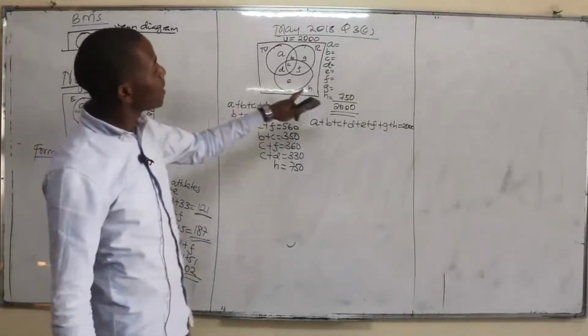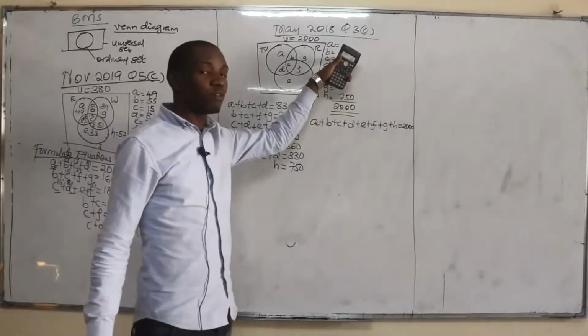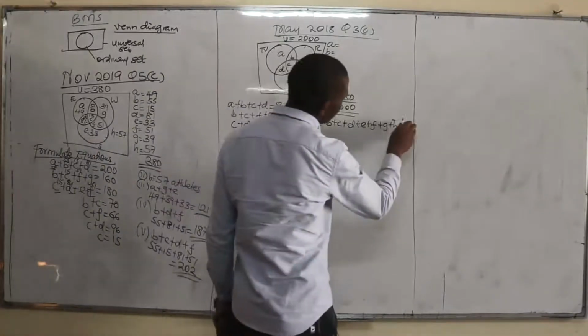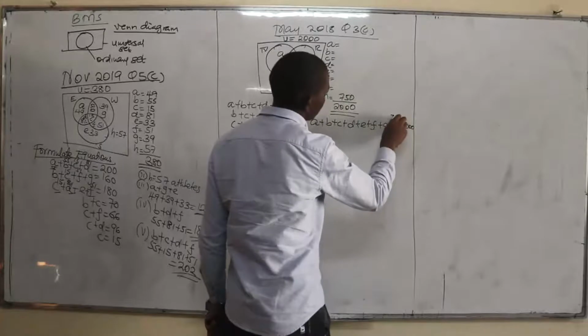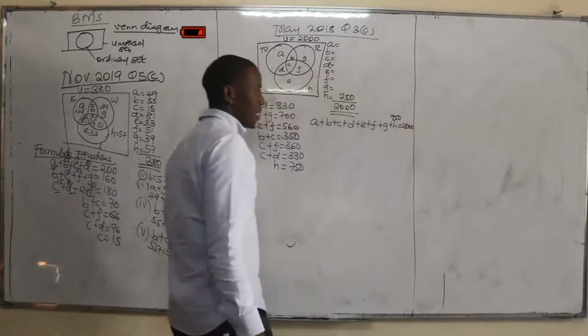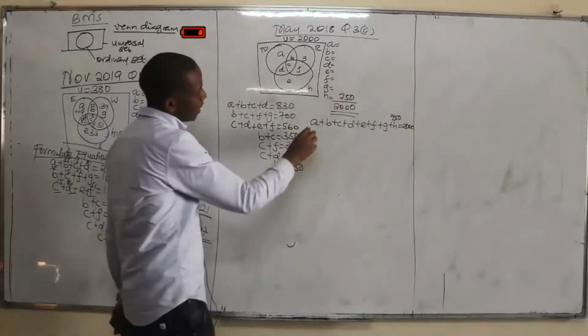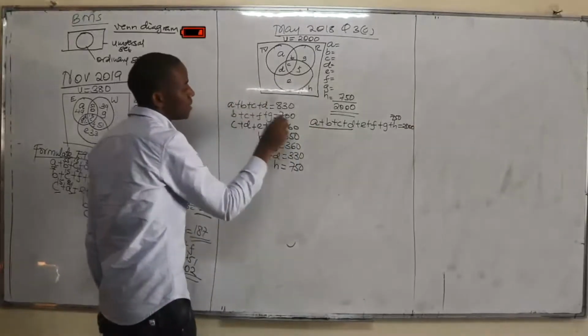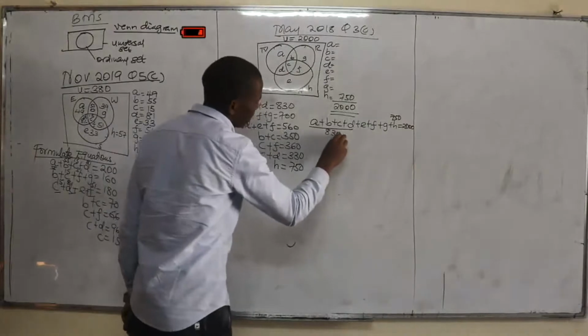That is when you are given H and you are not given C. So we know H here is 750. Now A, B, C, D, we know A plus B plus C plus D is 830.